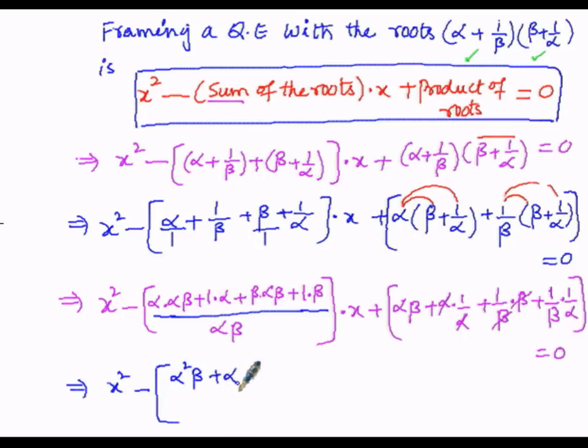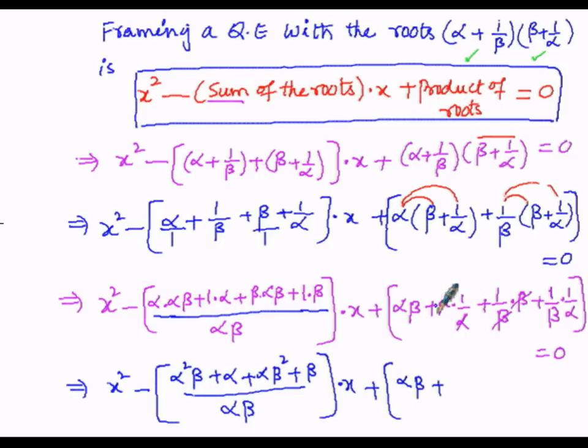So alpha plus alpha into beta is alpha beta, into beta as beta square plus 1 into beta is beta, overall divided by alpha into beta as alpha beta, into x plus, so alpha beta written as it is, plus 1 plus 1 plus 1 into 1 in the numerator as 1, overall divided by alpha into beta as alpha beta. So bracket close is equals to 0.